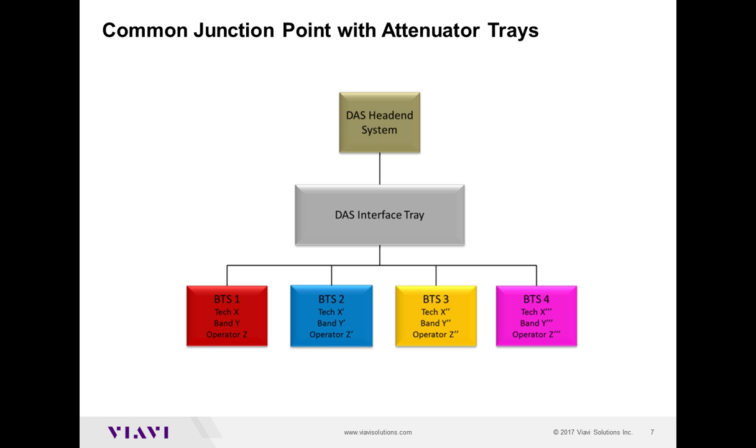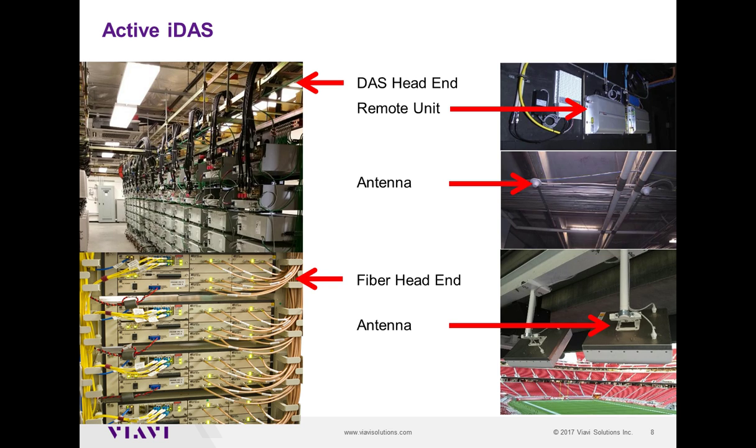So let's talk a little bit more about how these typically look. Some of you may have already seen it in real time, but this is a typical head end. The head end is the place where the main hub digitizes the RF signal.